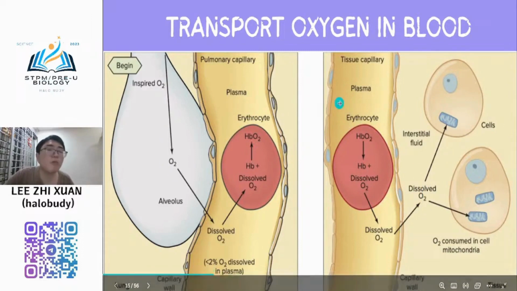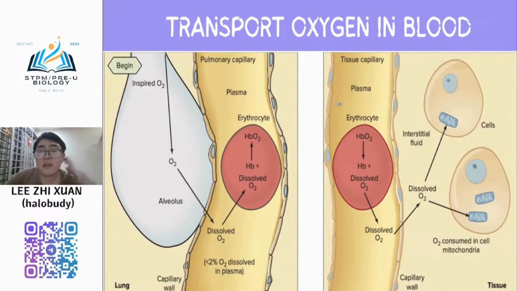So overall, for the transport of oxygen, the most important thing is that oxygen reacts with hemoglobin. It is transported by hemoglobin only. Once it reaches the cell tissue, it will dissociate from the hemoglobin and be used by the cells.